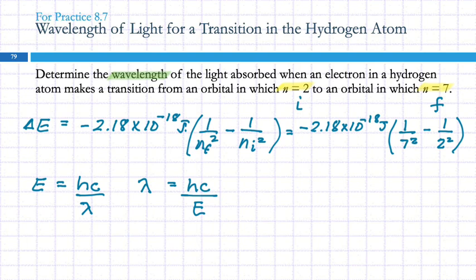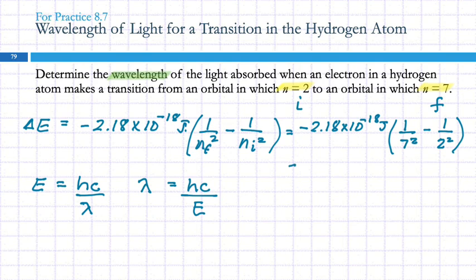And please do not find a common denominator and subtract those fractions. Just type them into your calculator just the way it is, and your calculator's fine. So negative 2.18 EE minus 18 times, and I'm going to open the parentheses, 1 divided by 7 squared minus 1 divided by 2 squared. Close the parentheses, equals.